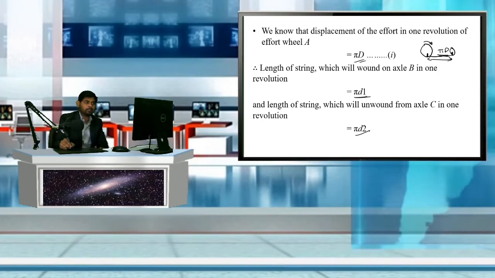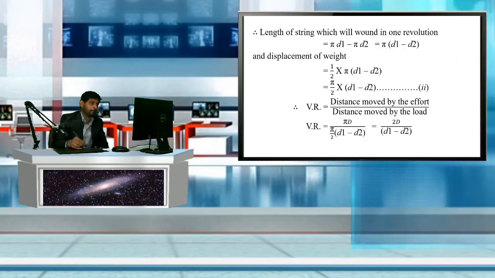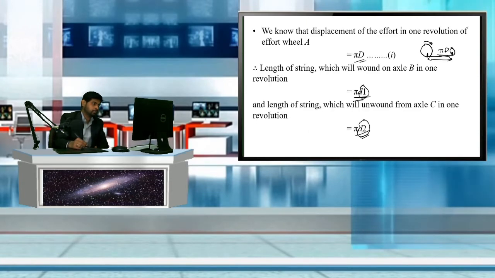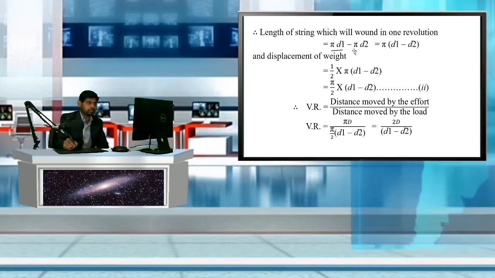Here d1 is the diameter of axle B, and d2 is the diameter of axle C. So the length of string wound in one revolution is pi d1 minus pi d2.